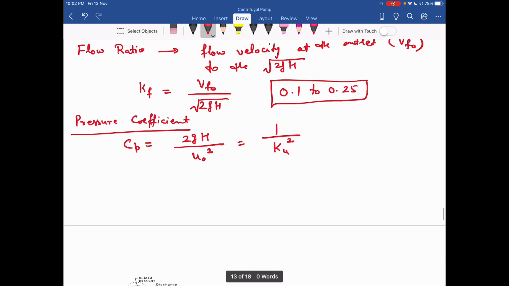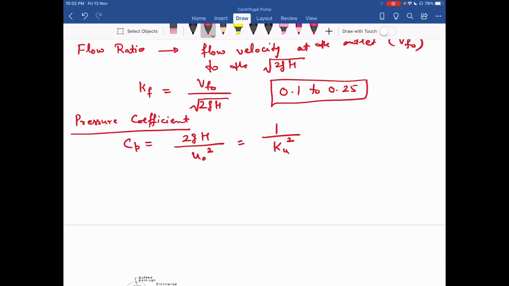Okay, there is one ratio that is called diameter ratio, that is dO divided by di. So the ratio of outer diameter of the impeller to the inner diameter. So that is diameter ratio.